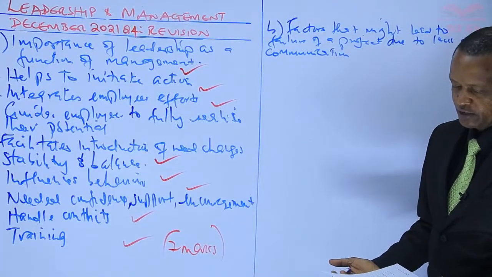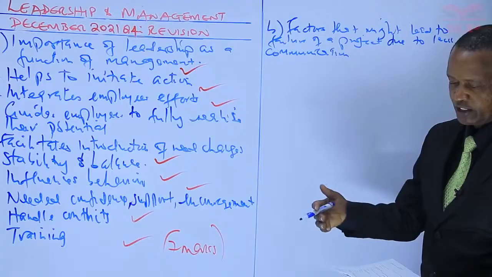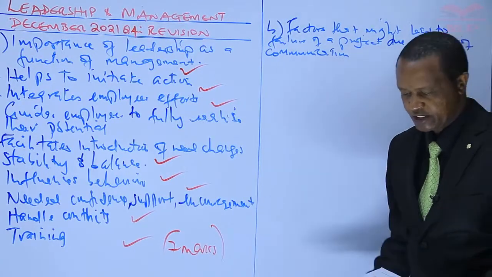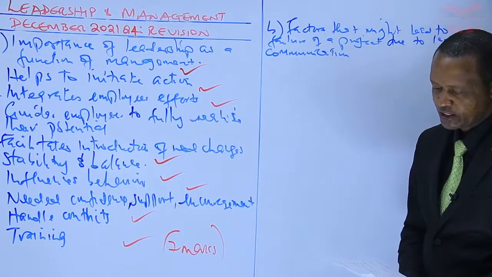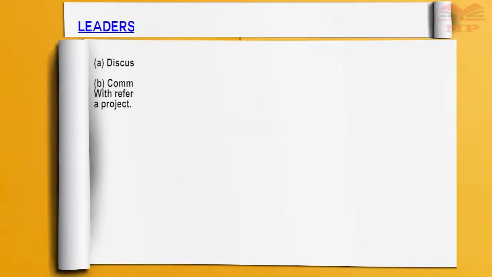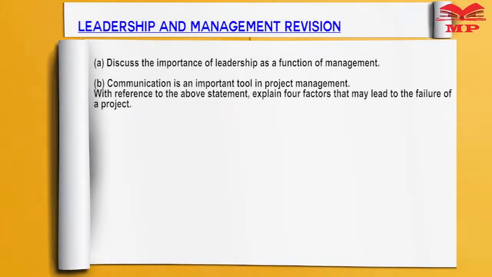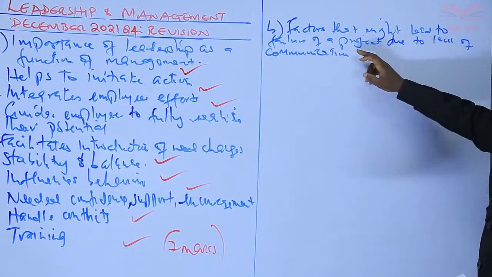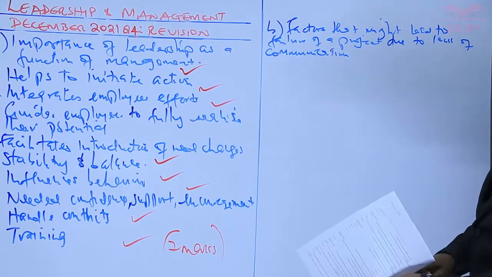The statement is that communication is an important tool in project management. And therefore, the question can be paraphrased: factors that might lead to failure of a project due to lack of communication.